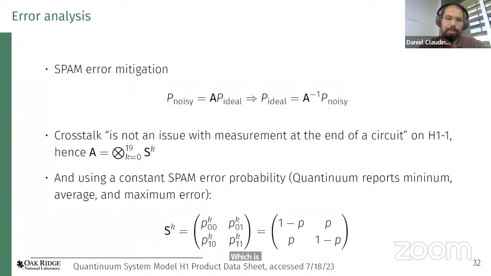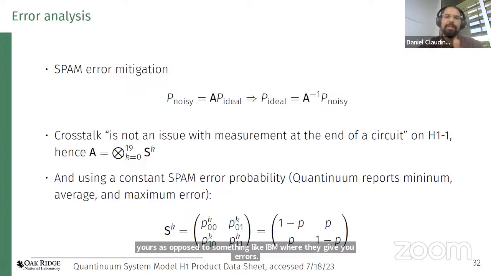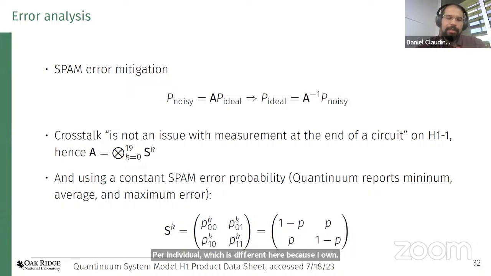Now, Quantinuum reports only a few ranges of errors, as opposed to something like IBM where they give you errors per individual qubit, which is different here because ions are all equivalent. So this S matrix here is the single qubit readout error probability.